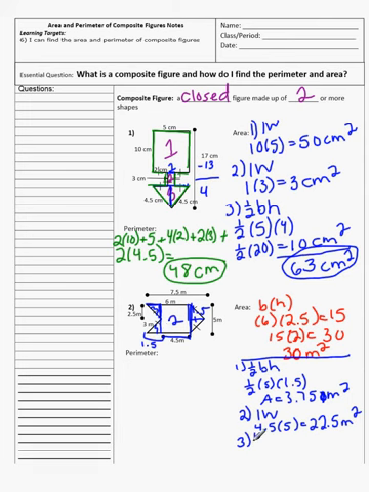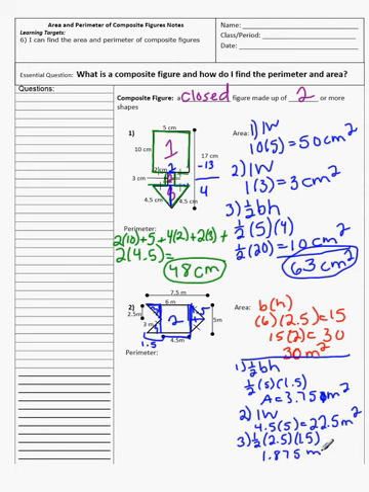So we're going to have 1/2 times 2.5 for the height times 1.5 for the base. When we multiply that through, we will get 2.5 times 1.5 divided by 2.